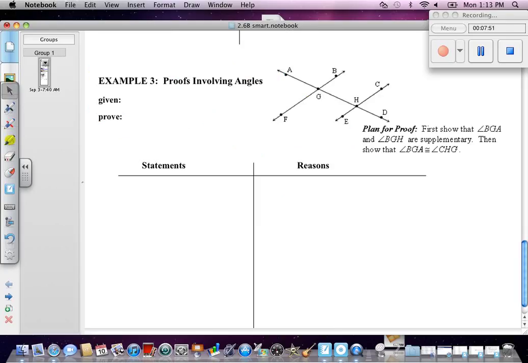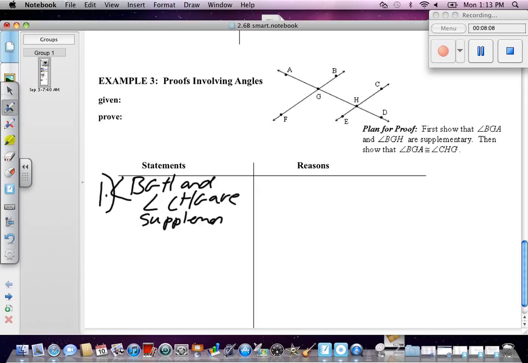So the very first thing I always write down is the given. Angle BGH and angle CHG are supplementary. And that is given.